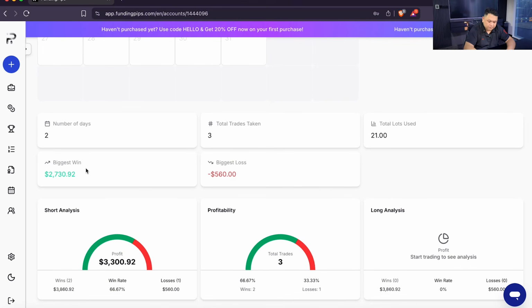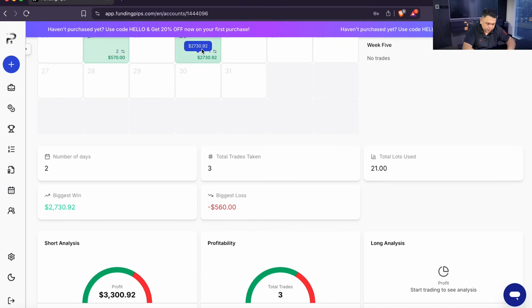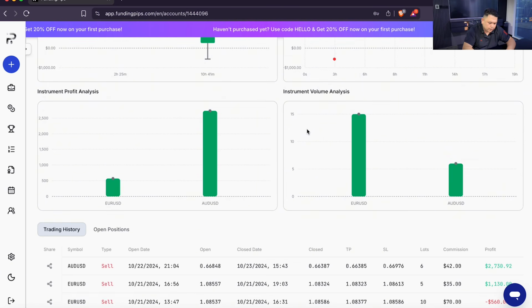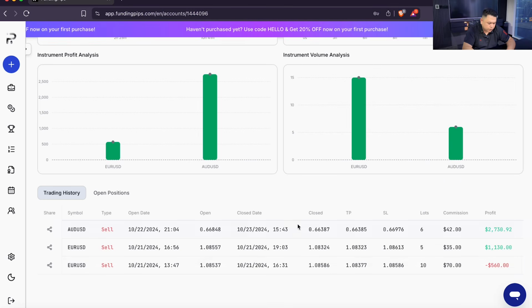The biggest win that I've made, 2,730, was on the 23rd, the single trade here. And then the biggest loss was 560. This was on the first day. Now, how do I check that out? I can scroll down and see my trades right here in my trading history, and it gives me the details of each trade that I've made: with what date I opened the trade, at what time, at what position, and when I closed that trade, at what time, and at what position.